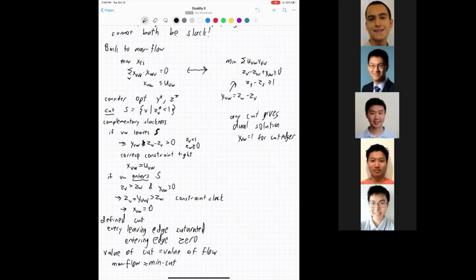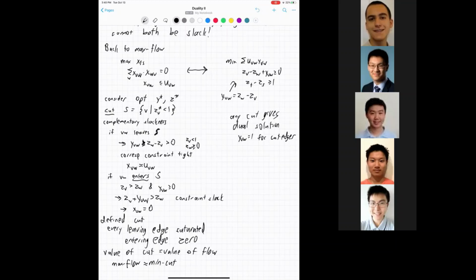Right. Okay. Now I also said more generally that if I take any cut and just call the cut edges length 1 and all the other edges length 0, this gives me a feasible solution where I can put all of the S side of the cut at ZV equals 0, and anything on the T side I can put ZV equal 1.